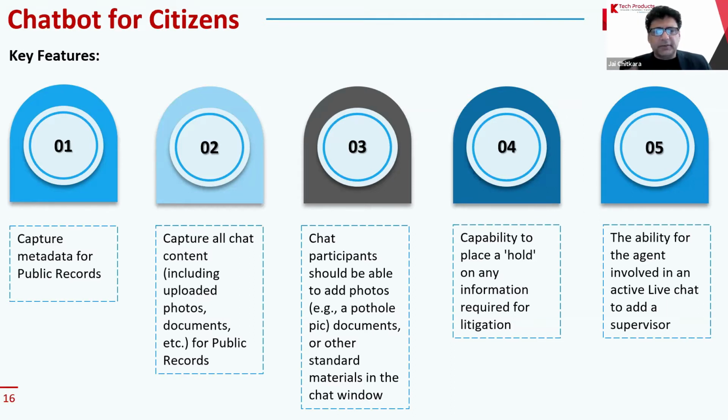IP address logging, your security. A citizen could be reporting a broken street light or a pothole. So they could be reporting an issue, and the chatbot will be able to take that information and create a ticket for somebody in the city to look at.